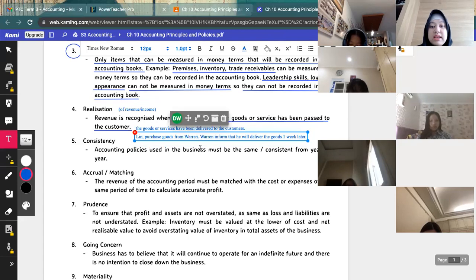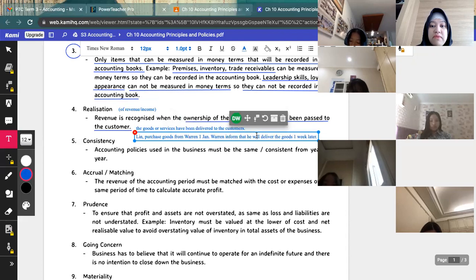Now let's say it is on 1 January. Warren informed that he will deliver one week later, which is on 7 January.